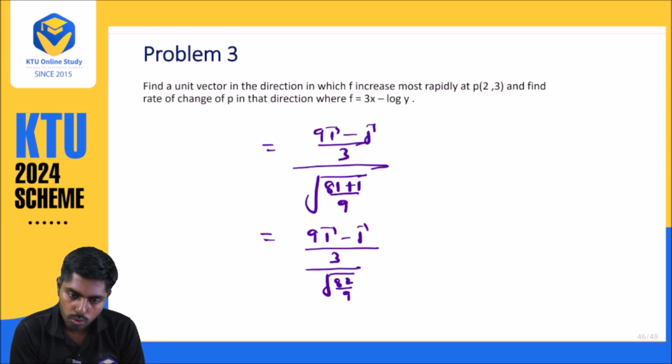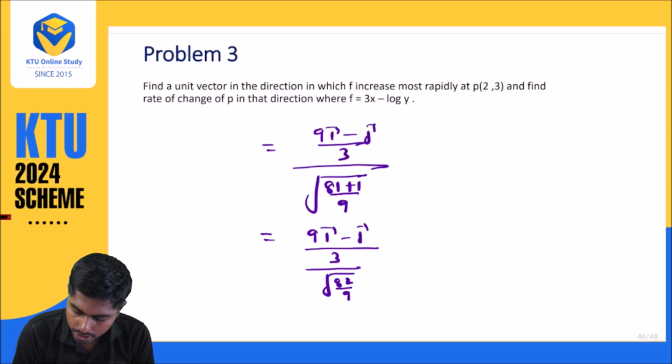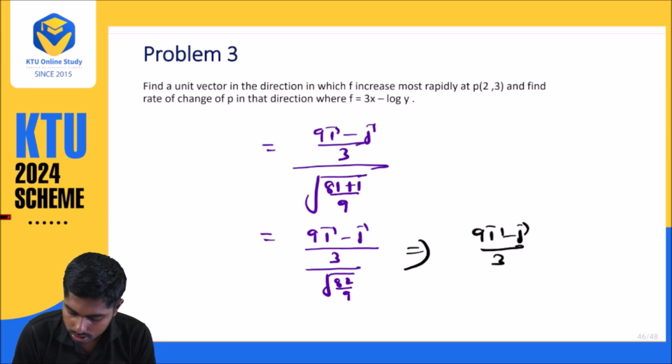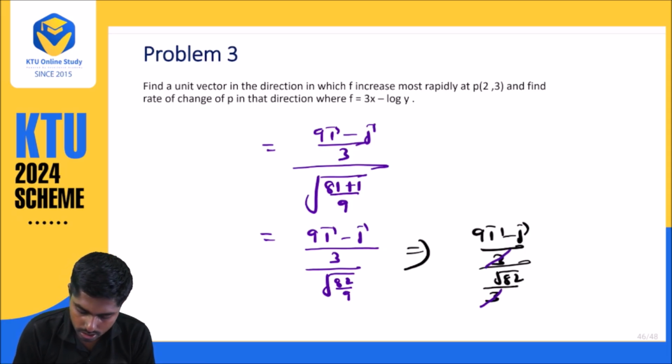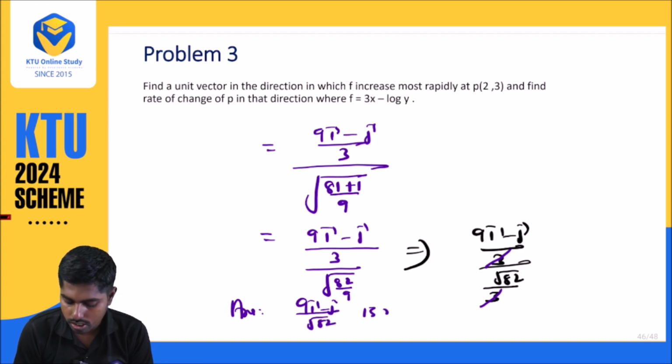When we take the 9 outside the root, it becomes 3. So we get 9i minus j divided by 3 into root 82 over 3, and this 3 and this 3 will be cancelled. So our required answer is 9i minus j divided by root 82.